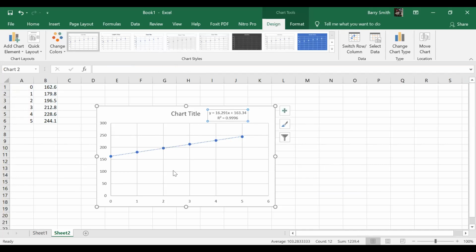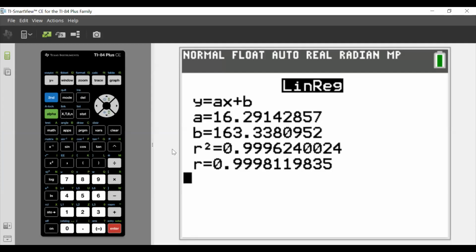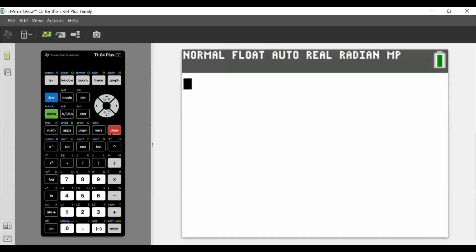And so now let's go back and see what the last question was. Oh yeah, we had to do the data for 2013, which was x equals 8. So let's clear this, and we're going to type in our numbers.